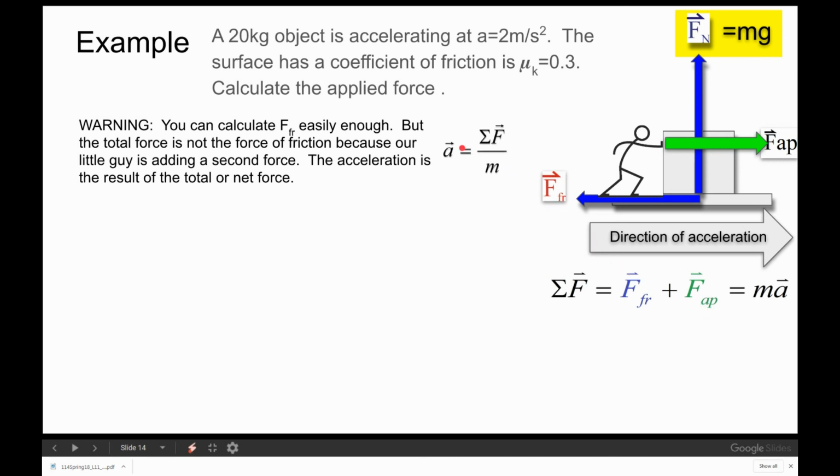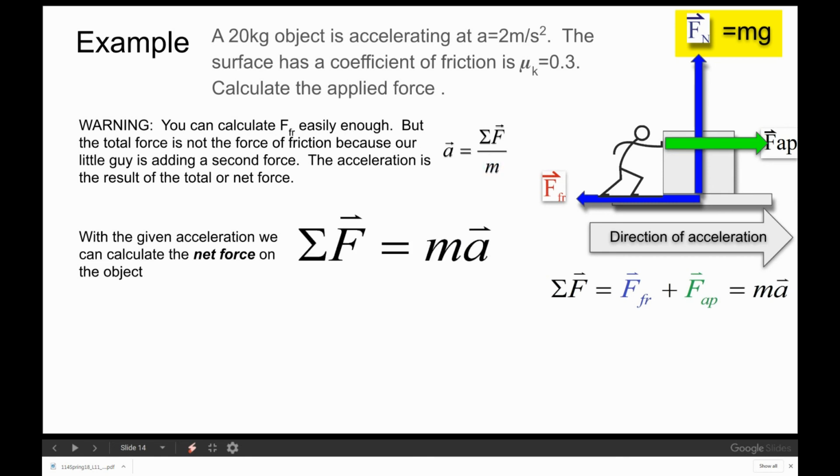The acceleration is going to be the total force divided by mass. With the given acceleration, we can calculate the net force to begin with. So we can calculate sum of forces equals ma, and we get the total force is 40 newtons.